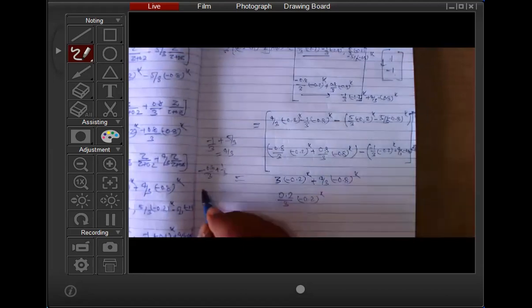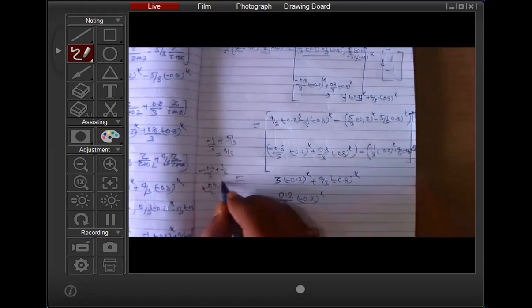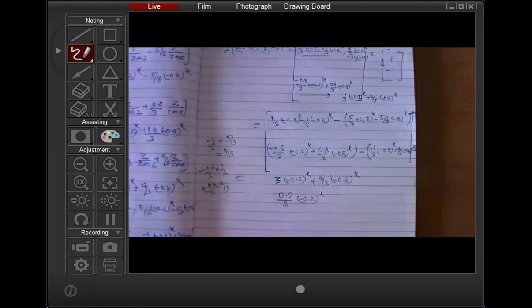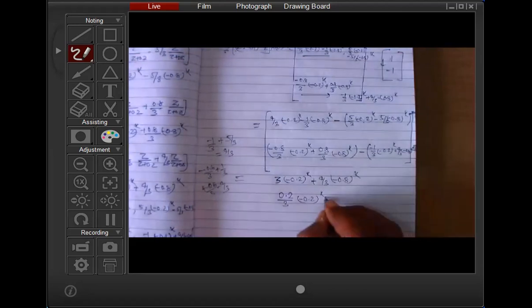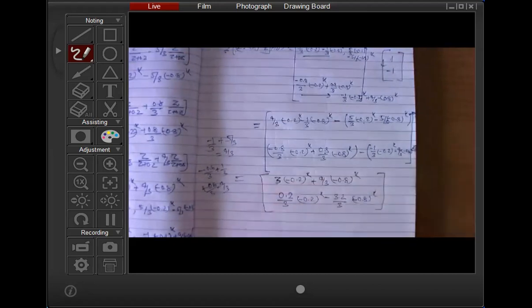And 0.8 by 3 minus 4 by 3 is equal to minus 3.2 by 3 times minus 0.8 to the power k. Any doubt? No, sir.